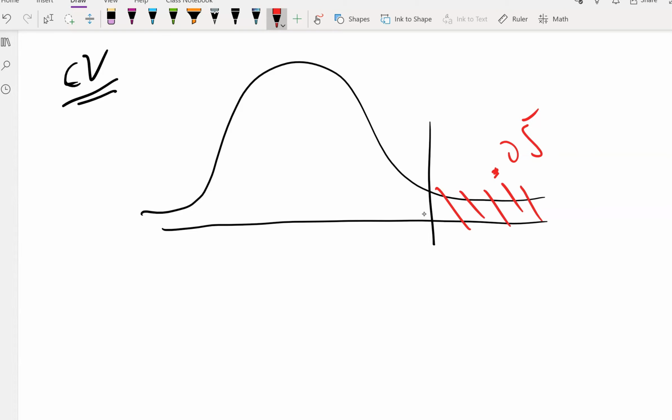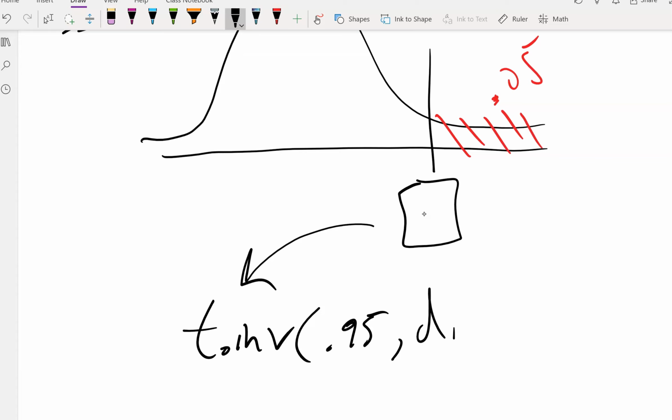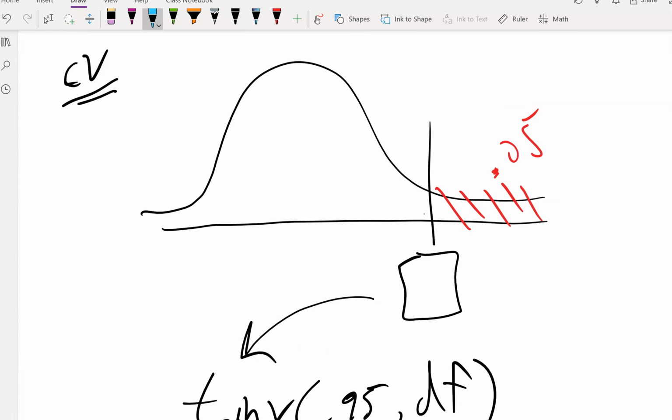Here I have 1 bar, and I want to find this area, no problem. I can find this area using T.INV, but you've got to understand, T.INV only works with the area underneath. And the area underneath is 95%. If that's 5% above, then there's 95% below.